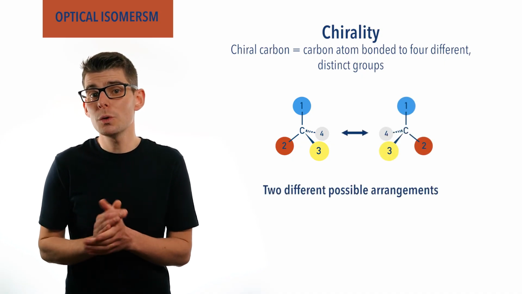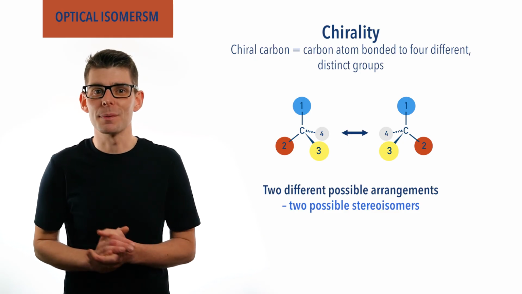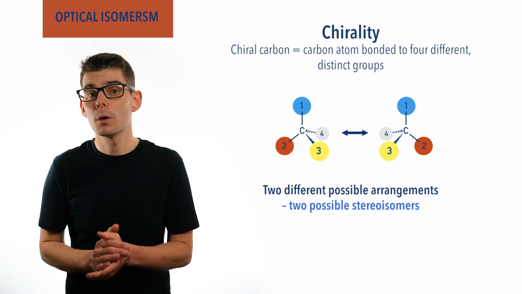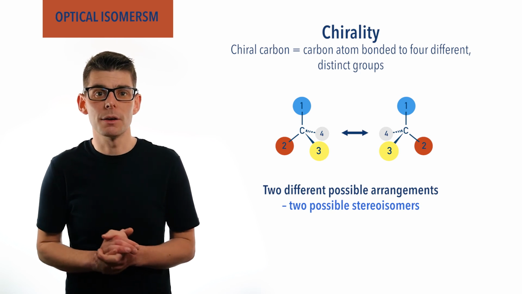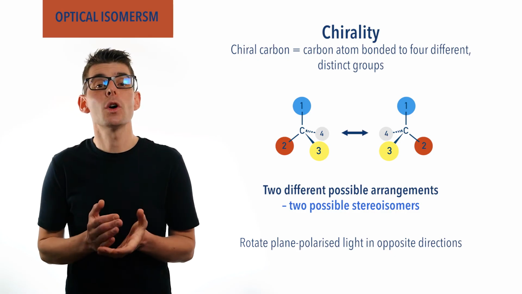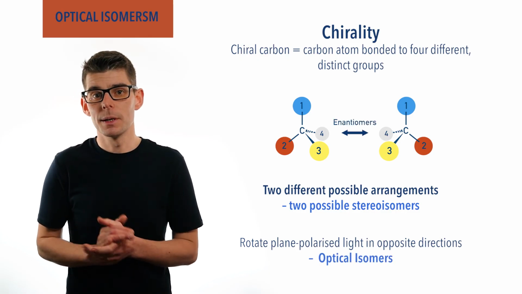This means 2 different possible stereoisomers can exist, and surprise, surprise, the 2 different arrangements rotate plane polarized light in opposite directions. Hence, we describe these stereoisomers as optical isomers, and the molecules are called enantiomers.